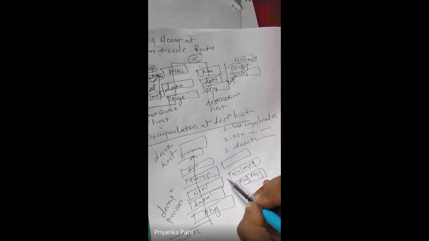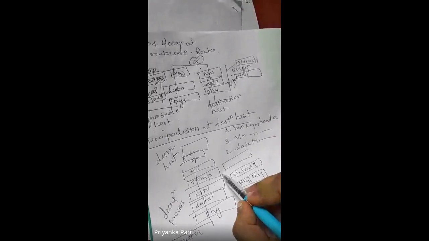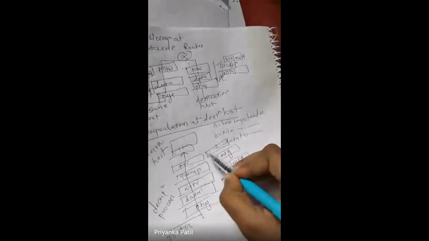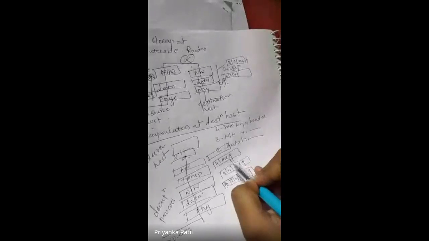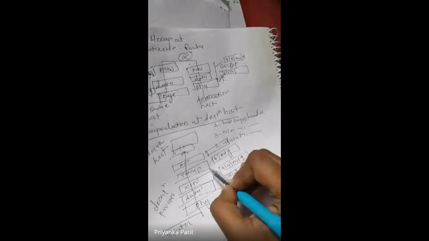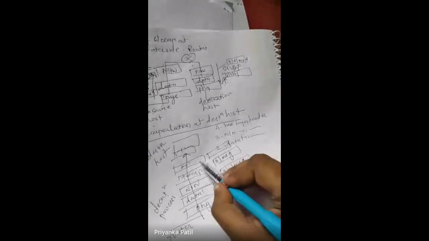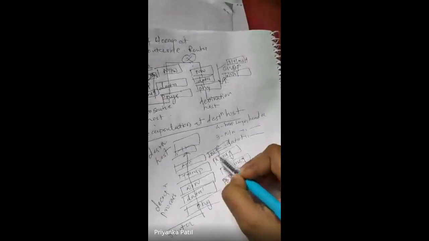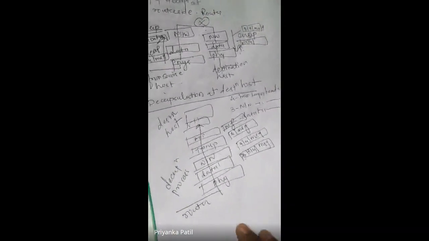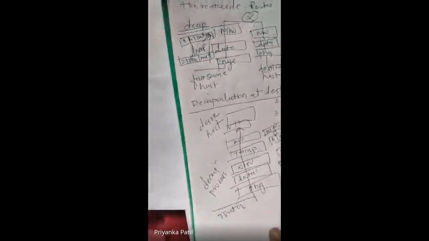When the network layer transmits the data to the transport layer, it also removes the network layer header information and maintains the remaining message. Again, when the transport layer transmits the content to the application layer, it only maintains the message. The remaining header information is removed. So this is the process of decapsulation.